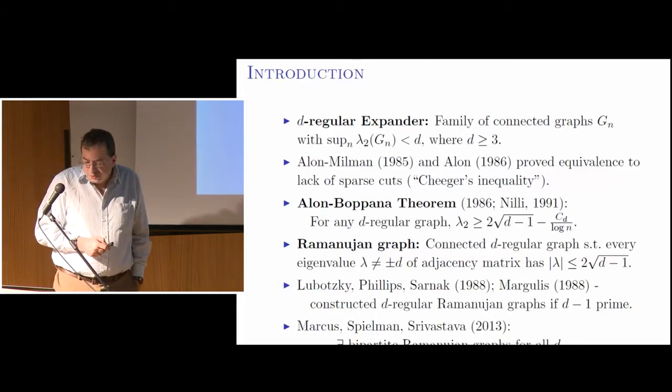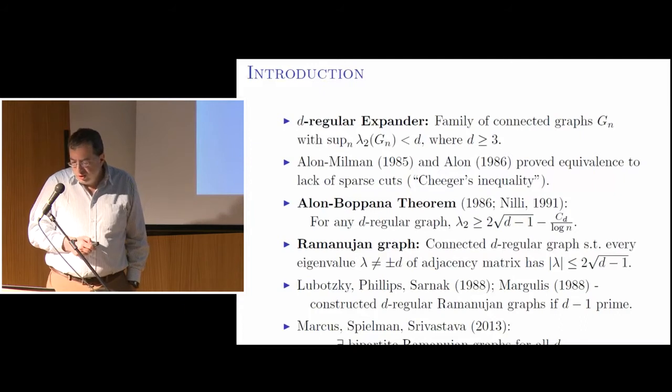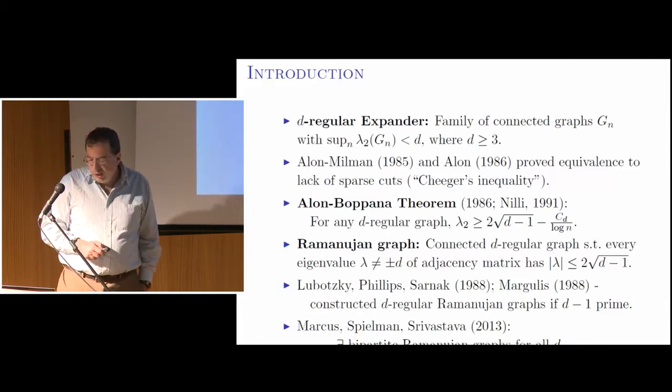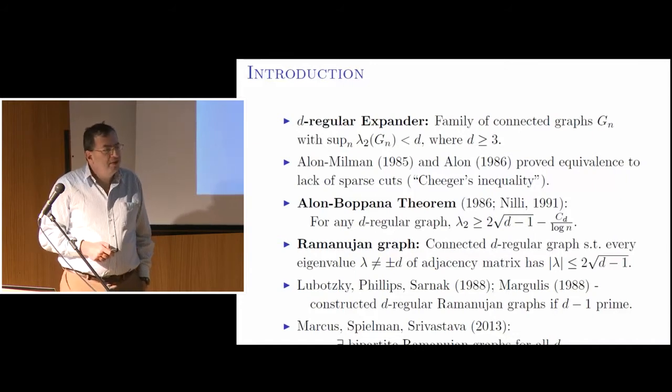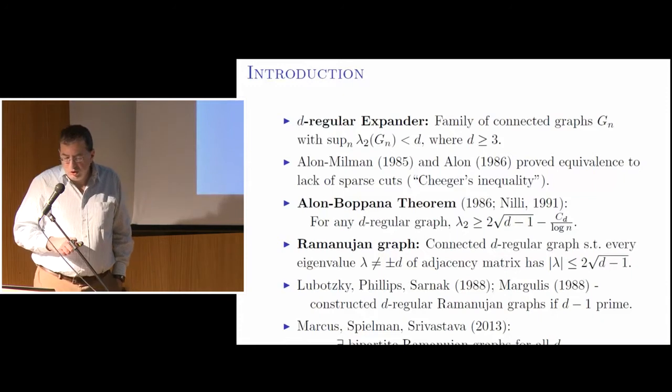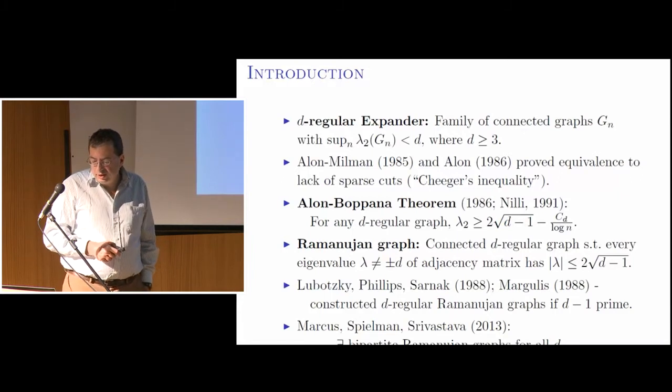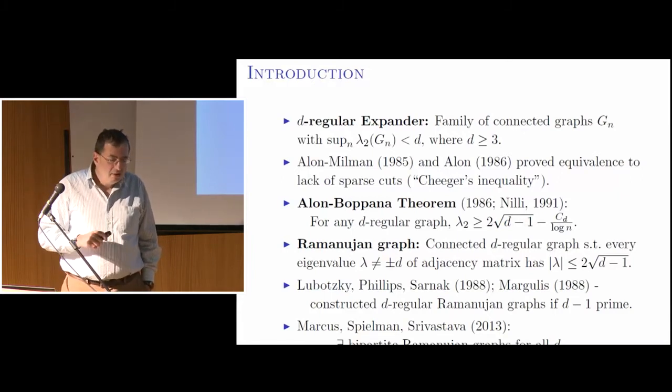So we said already what a d-regular expander is, and the Alon-Milman and Alon theorems were mentioned, that this is equivalent to the lack of sparse cuts. Directly relevant to what we will discuss here is the Alon-Boppana theorem that says that for any d-regular graph, lambda 2 is, and here the lambda 2 I'm talking about is not for the normalized matrix, but for the adjacency matrix, at least 2 root d minus 1 minus a small correction which tends to 0 as n grows.